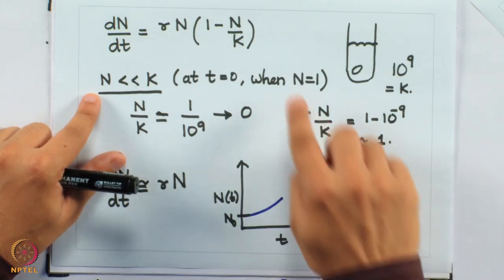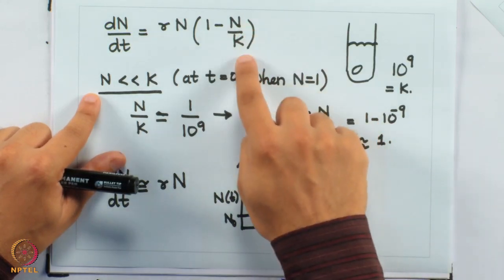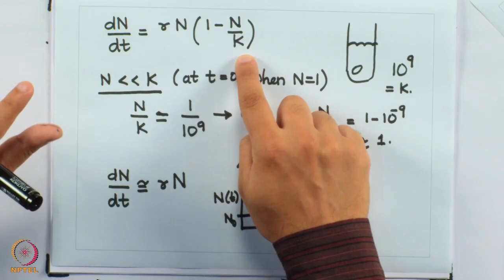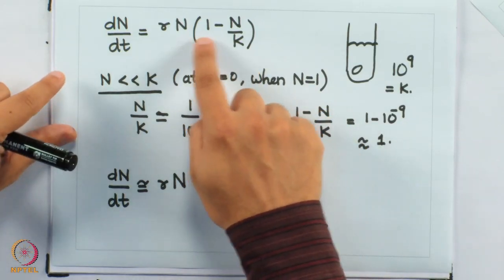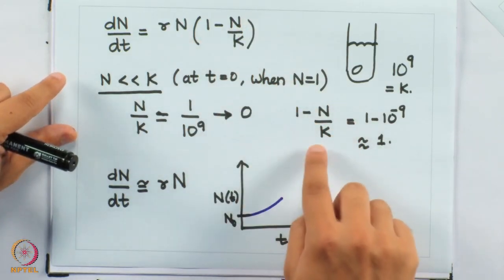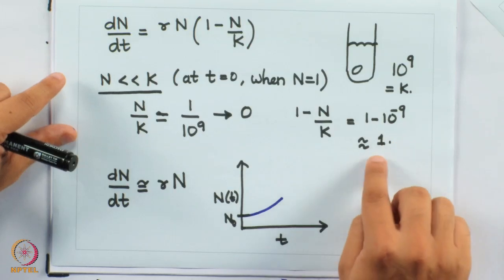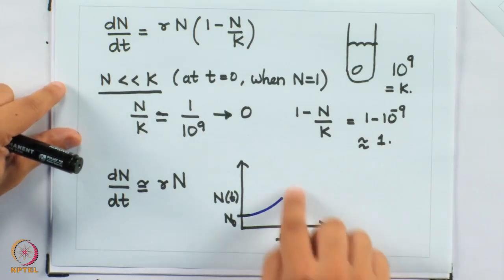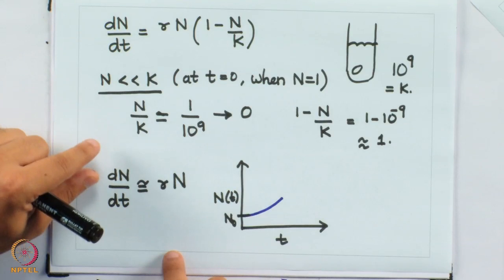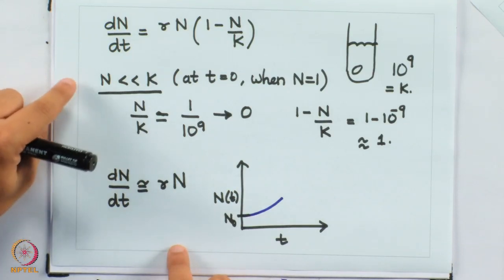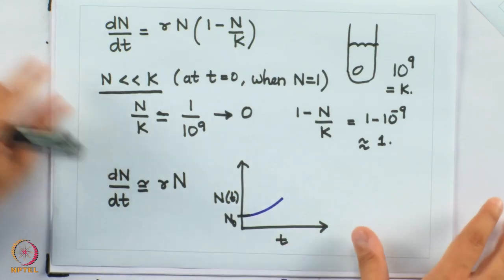As N increases, N by K becomes a very substantial fraction of 1, and 1 minus N by K can therefore no longer be treated as approximately equal to 1. So, this solution is only valid under the specific condition that N is much less than K.